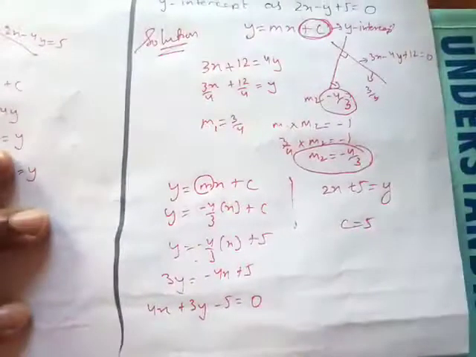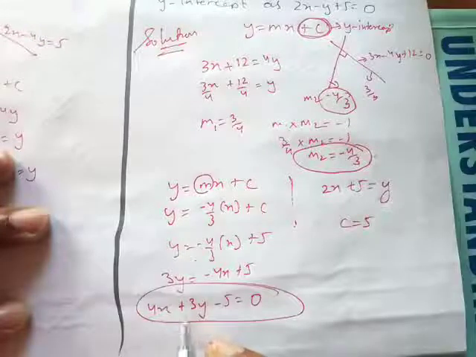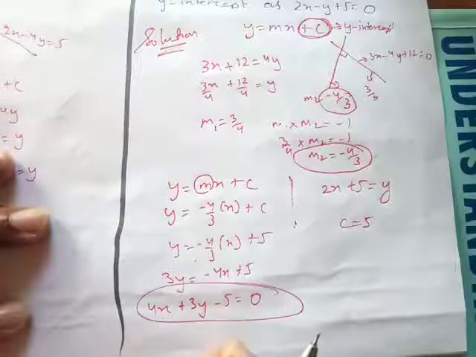So y equals minus 4 over 3 x plus 5, and 3 can come over here, so 3y equals minus 4x plus 15. So my equation is going to be 4x plus 3y minus 15 equals 0. And that's how I'm going to solve my answer.